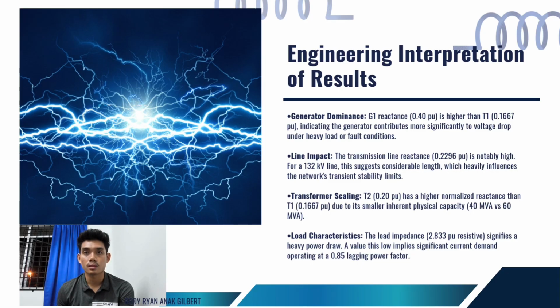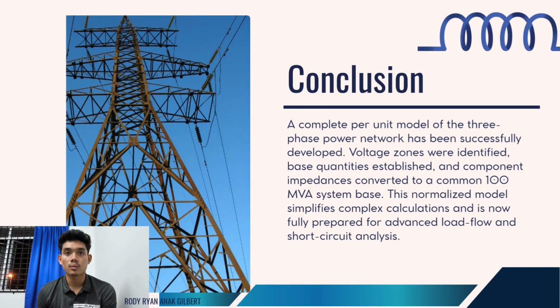Finally, the load has a resistance of 2.833 per unit, which is actually quite low. So that tells us it's drawing a large amount of current with a 0.85 lagging power factor, confirming it's a heavy industrial type load. To wrap it up, we successfully built a complete per unit model for this 3-phase power network.